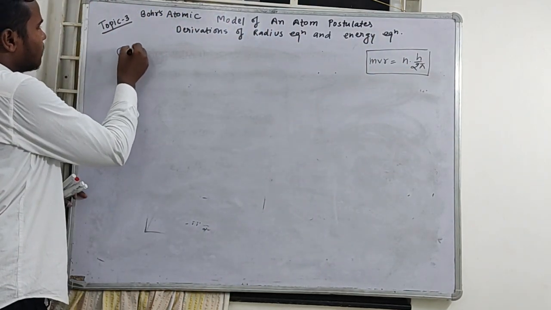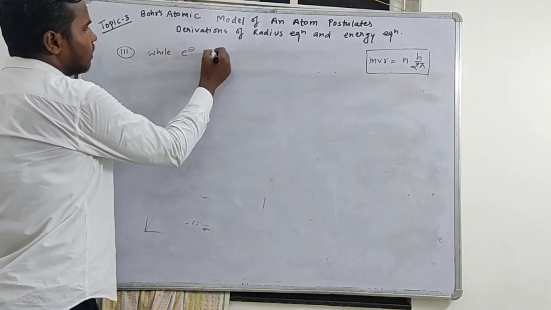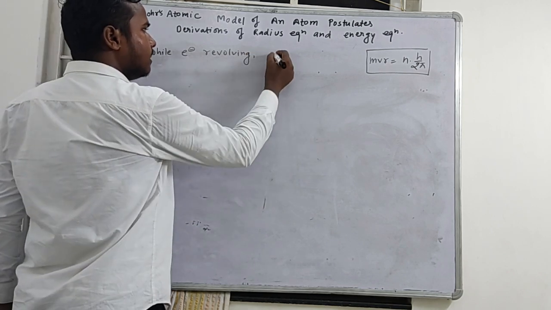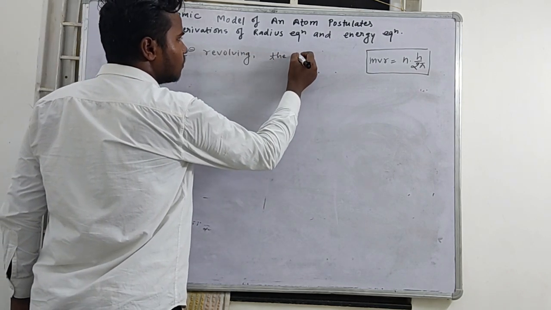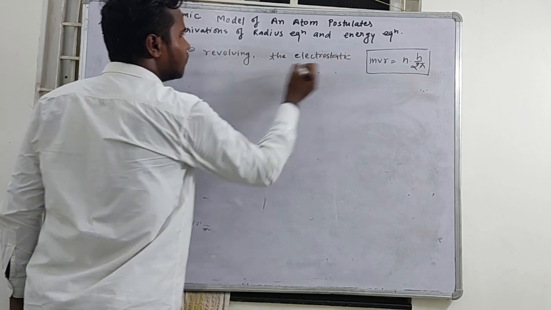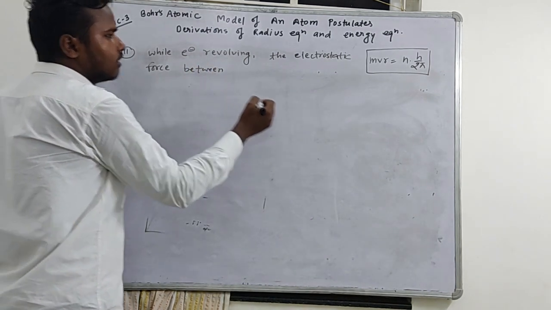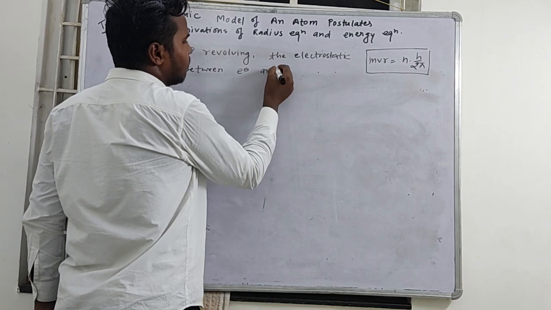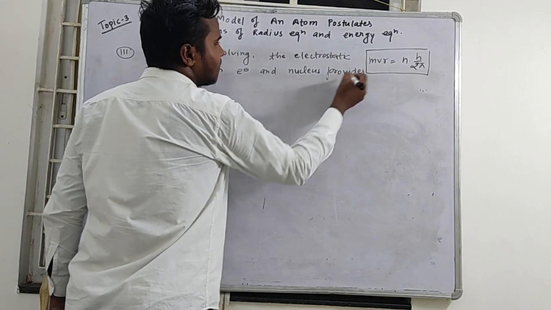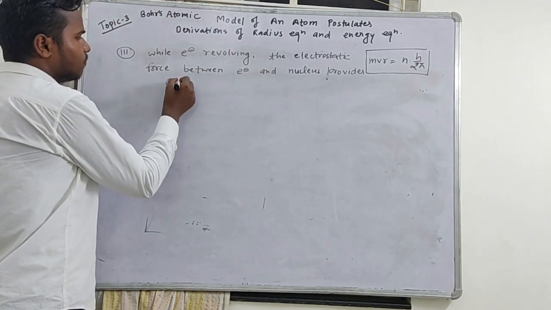What is the third postulate of Bohr's atomic model? While the electron is revolving, the electrostatic force between electron and nucleus provides the centripetal force.